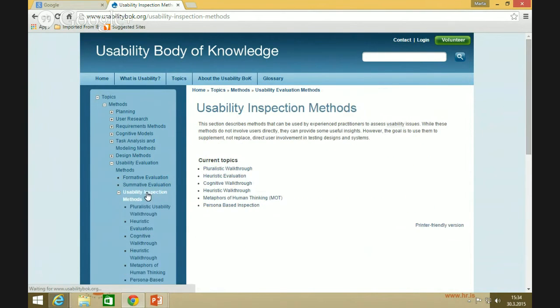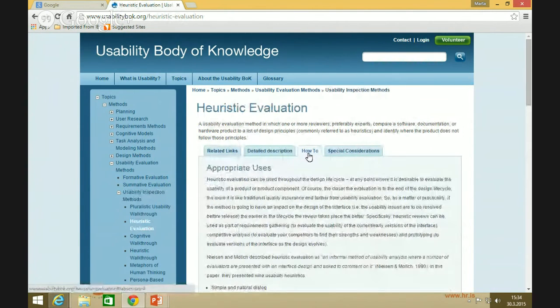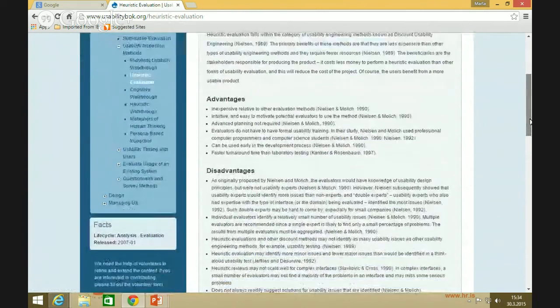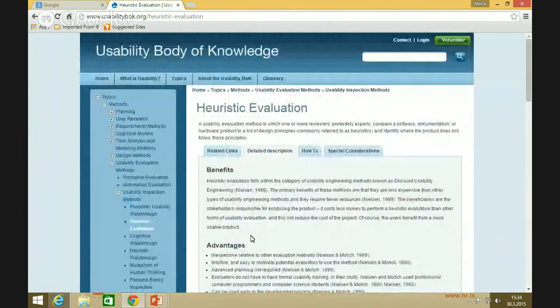Inspection methods. Here you have something on heuristic evaluation. And then here there's a detailed description, benefits, advantages, and so on. So there's good material to support the slides there.